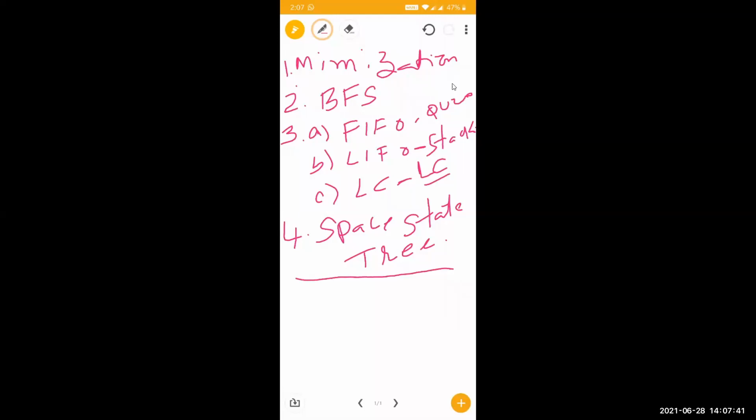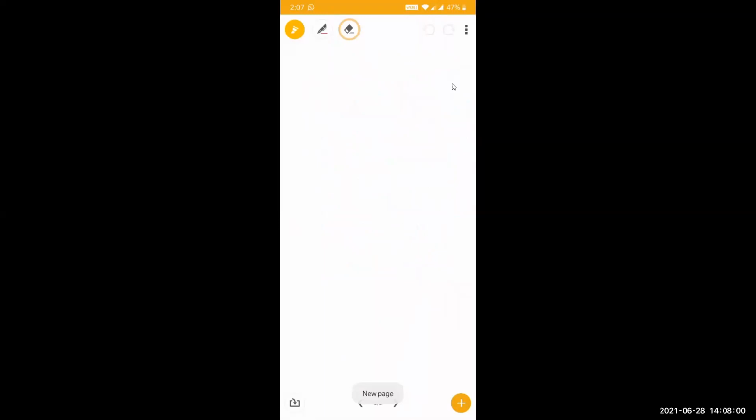So the basic problems we have to study in this branch and bound: number one is knapsack, and the second is TSP, the traveling salesman problem.